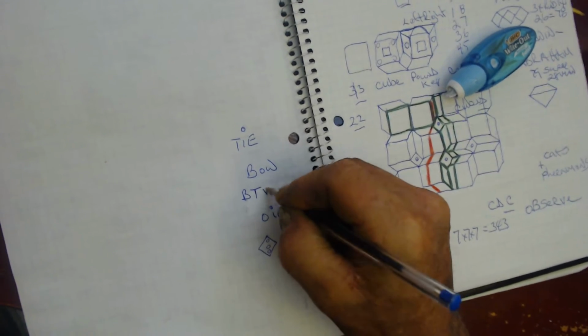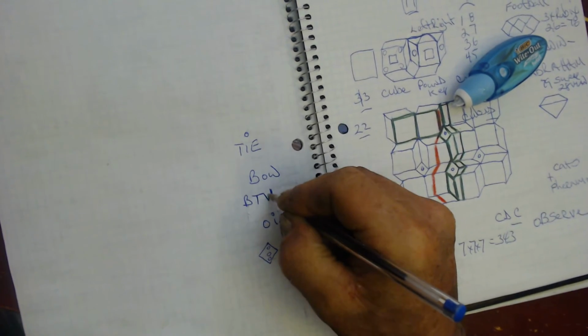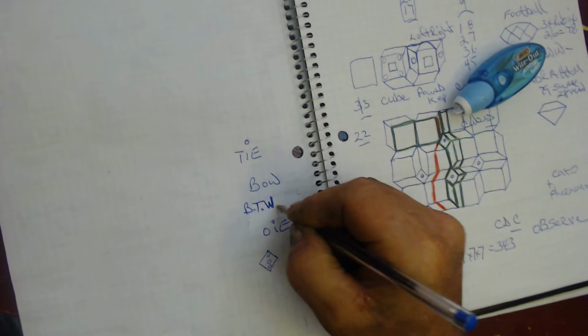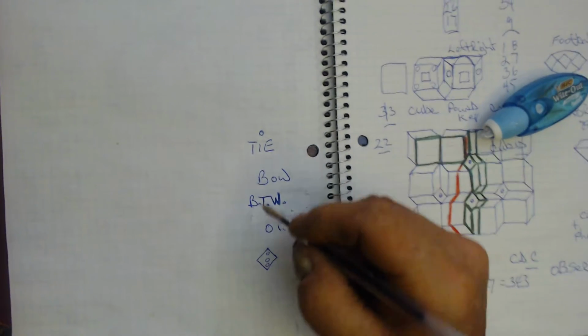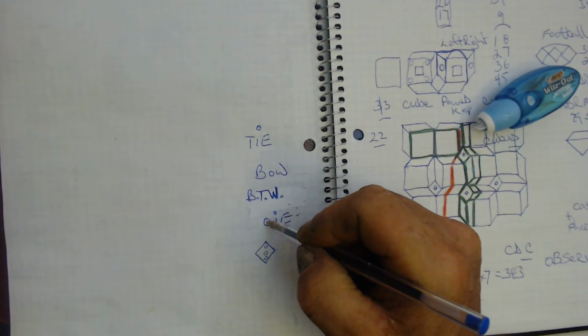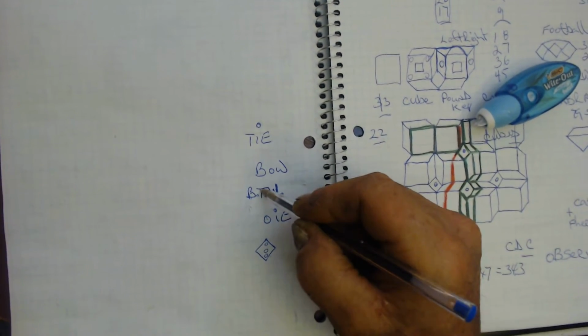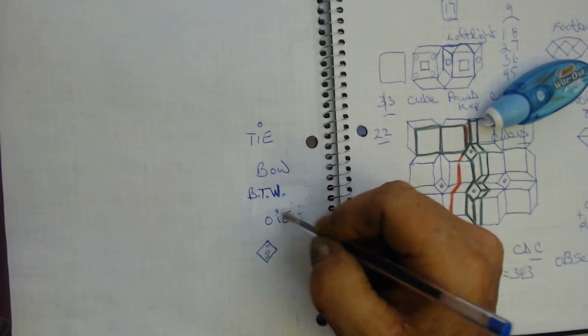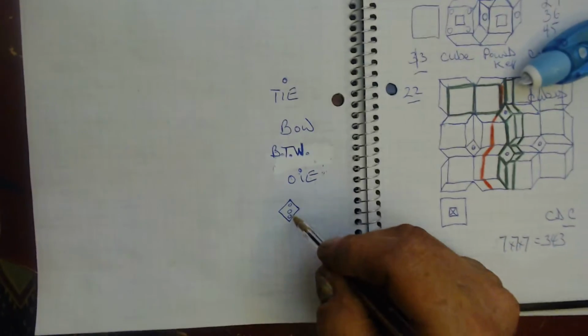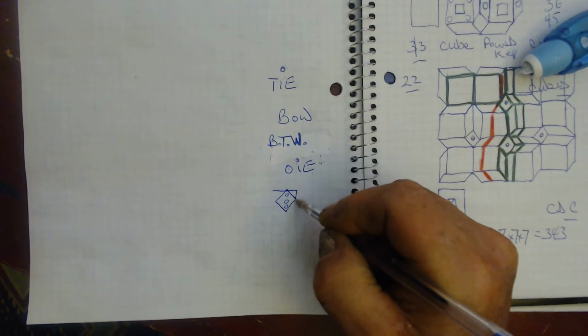BTW, 252. So it becomes bow tie. So it is the 3 diamond bow tie.